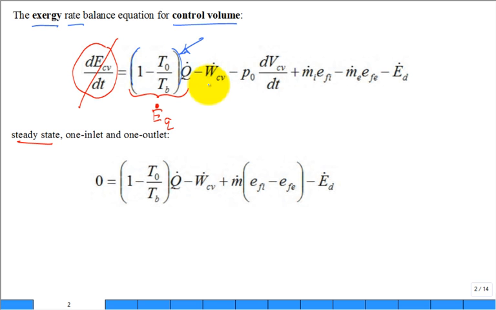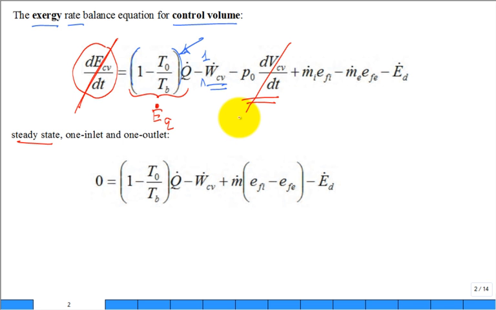Then we had the shaft work in or out, and there's a 1 right in front of it. It's 100%, 1 to 1. So if I have shaft power out of 2 kilowatts, the rate of Exergy transfer with that shaft power is 2 kilowatts.